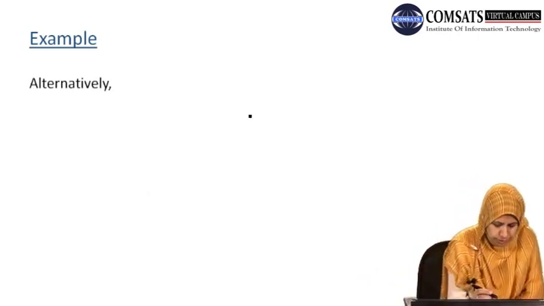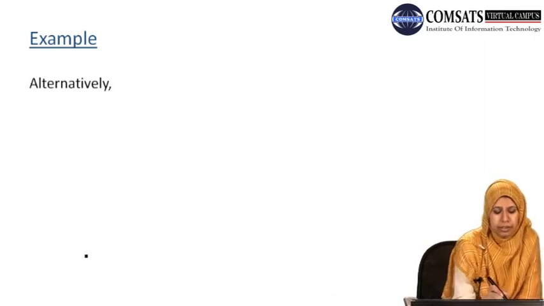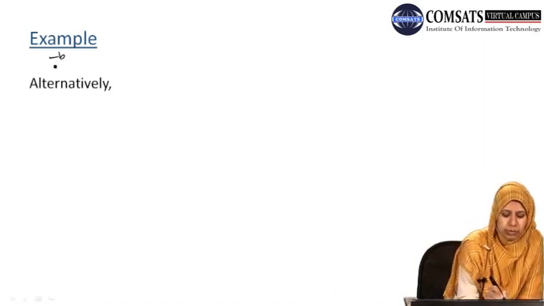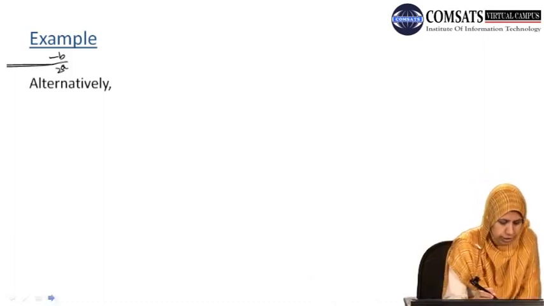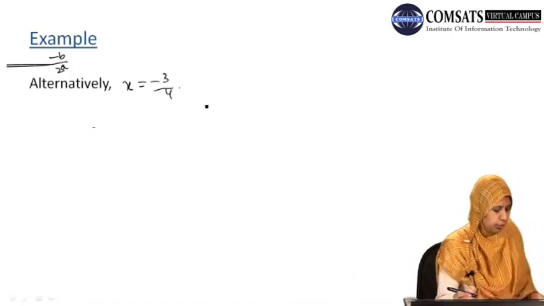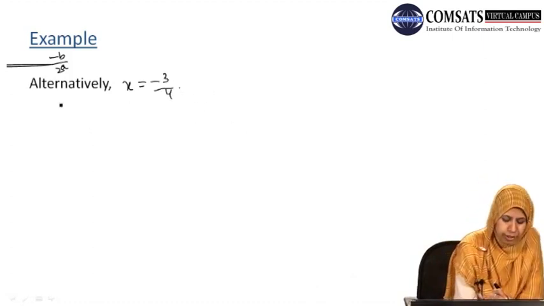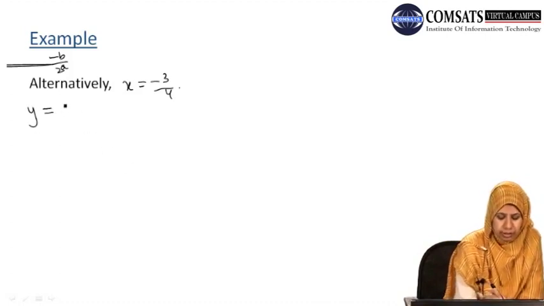The alternate is, if you remember in our previous slides, that given the x-coordinate minus b over 2a, we can find the y-coordinate by putting the value of this x-coordinate in our function. So alternatively, given our x-coordinate, x is equal to minus 3 over 4, we can find the value of y by putting the value of the x-coordinate.